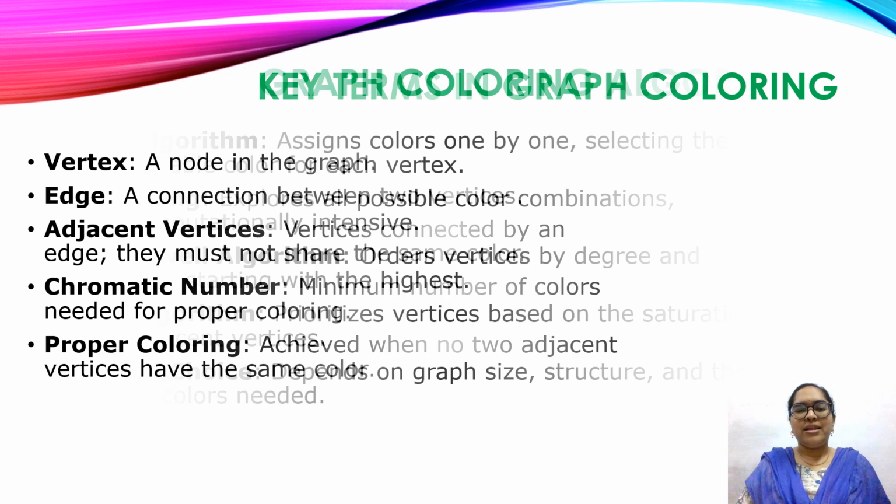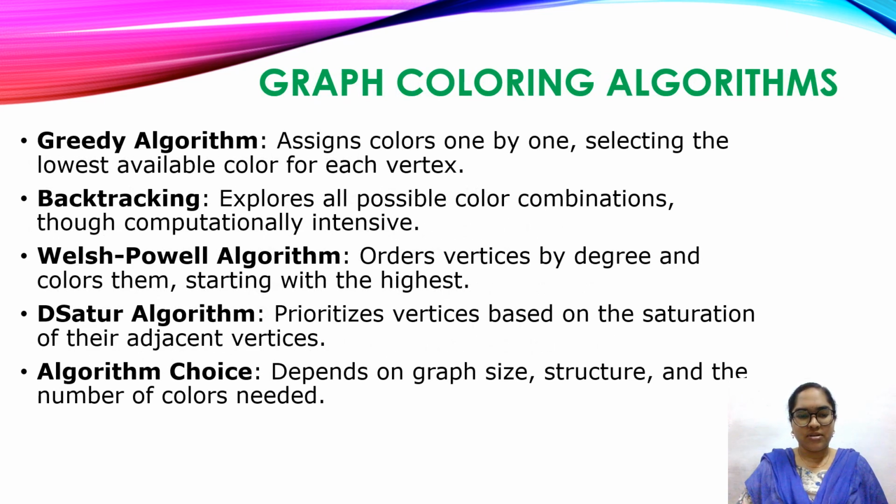Now coloring algorithms. We basically have many algorithms in graph coloring. Some of the major algorithms that we can use are the greedy algorithm, backtracking, the Welch-Powell algorithm, and the DSatur algorithm. Basically these four are the main algorithms that we use in graph coloring.